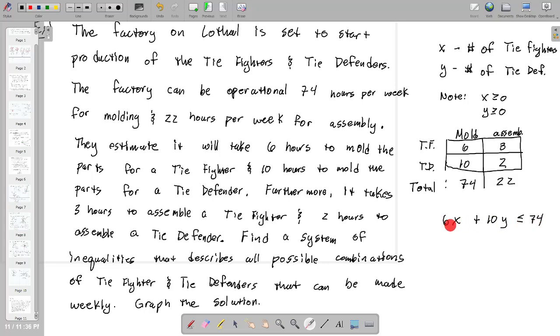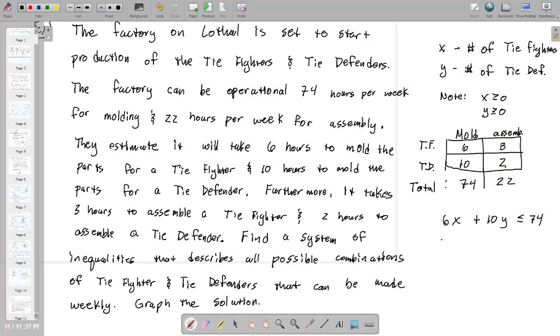So this will be the inequality that is a result of the amount of time it takes to mold each part for the ships. Same thing for assembly.